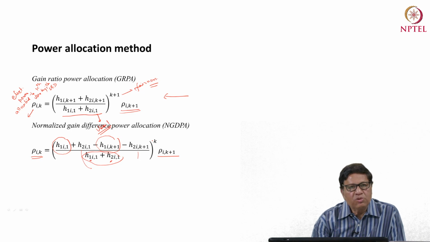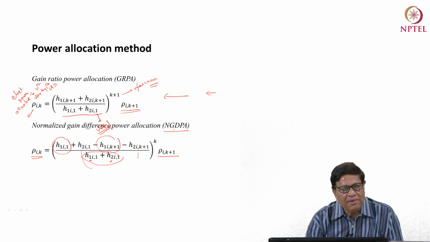So one is based on sum addition, the other is based on gain difference. So using these two methods, that is GRPA and GDPA, there can be other possibilities of power allocation.